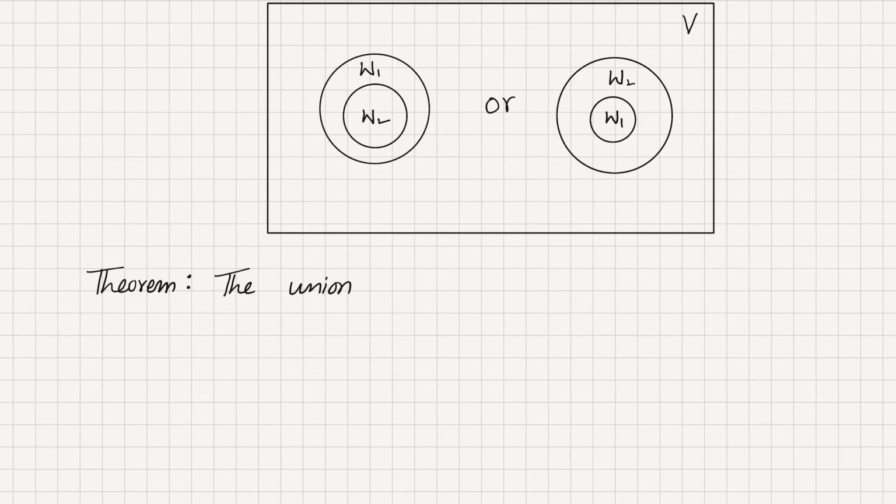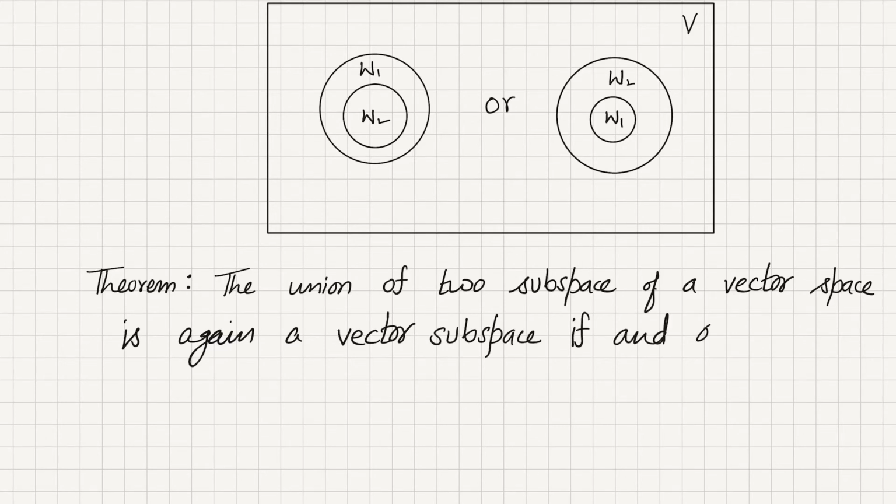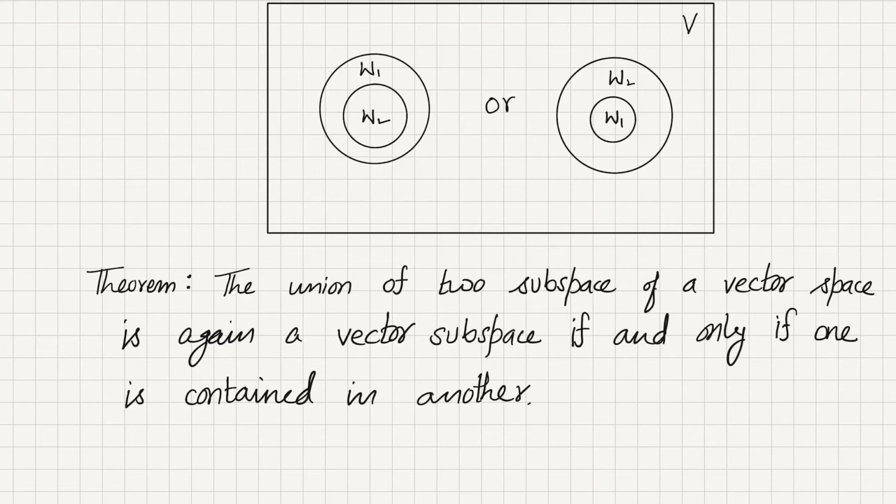So the union of two subspaces of a vector space is again a vector subspace if and only if one is contained in the other. Let us see its proof. This is quite natural.